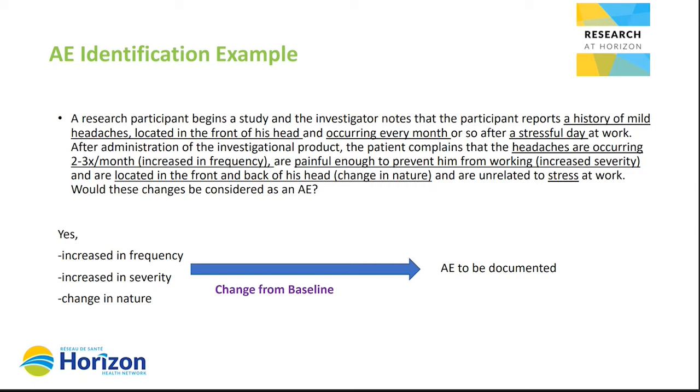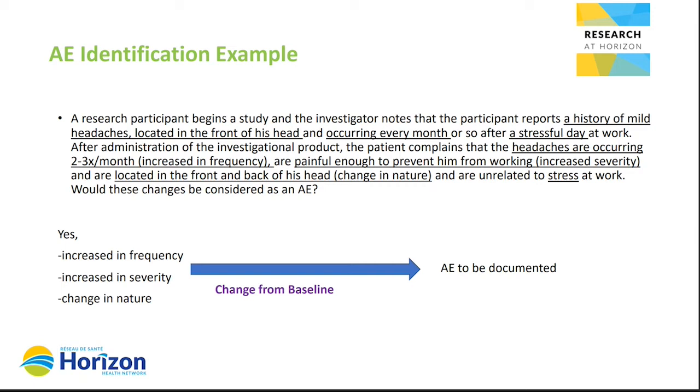After administration of the investigational product, the patient complains the headaches are occurring 2 to 3 times a month, which is increased in frequency, and are painful enough to prevent him from working and are located in the front and back of his head. So that is a change in nature, and they are unrelated to stress at work.